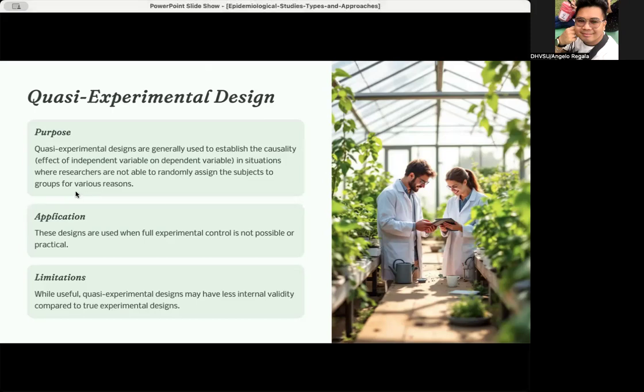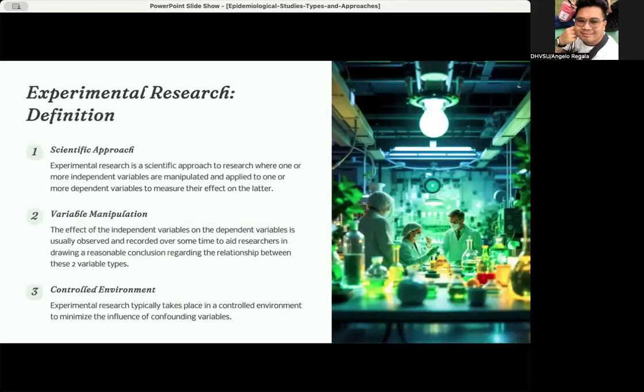Okay, so on a much bigger level, we have what we call the experimental or true experimental. A true experimental study is a scientific approach in which the researcher will have one or more variables that they can manipulate and apply to one or more dependent variables, to measure the effect of those variables on the latter.